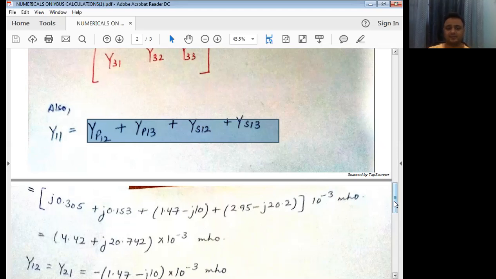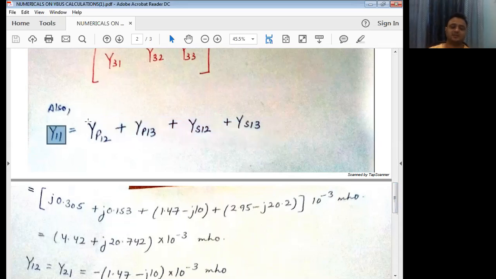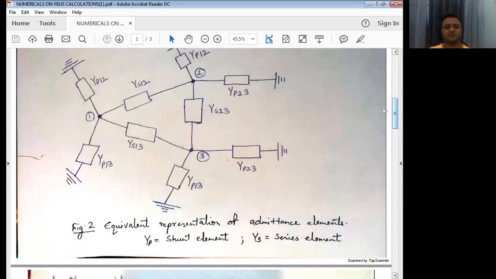Why this is known as self admittance: self admittance equals the sum of series and shunt admittance across the node. So let us look at node 1. Ys12 is connected, Ys13 is connected, two series admittances are connected, and two shunt admittances are connected across node 1.